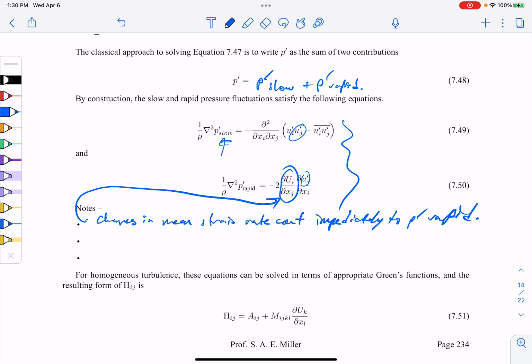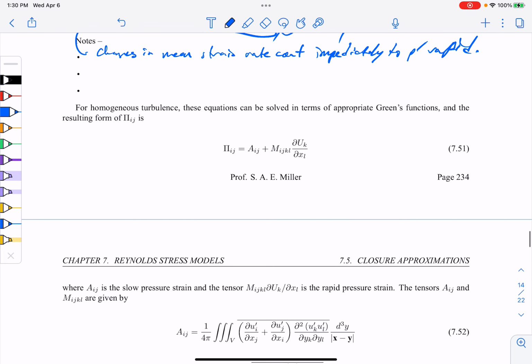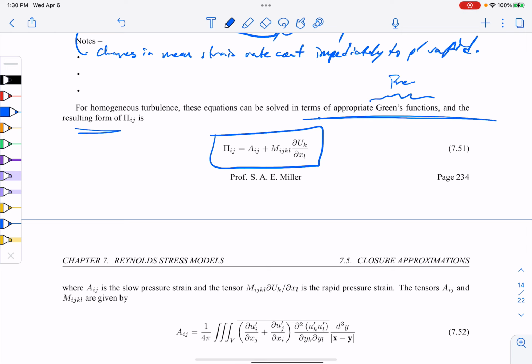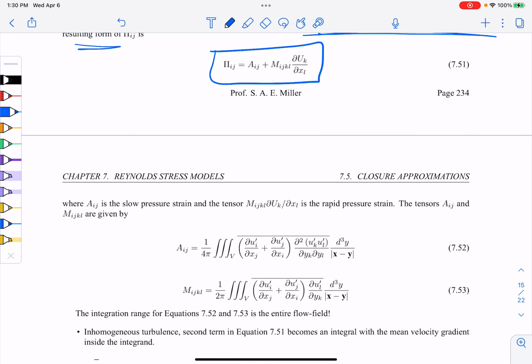Now, for homogeneous turbulence, these equations can be solved in terms of appropriate Green's functions. That is, there's a free space Green's function for pi ij, and we might divide the solution into two parts for free space turbulence, like grid turbulence. So here we show Aij and Mijkl separately.